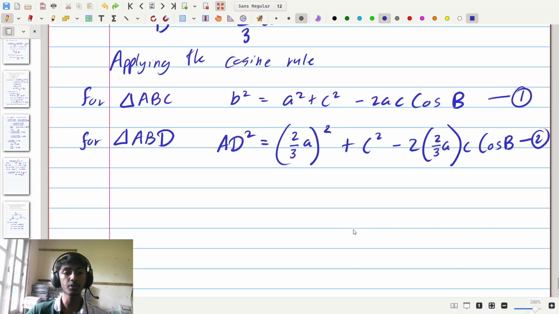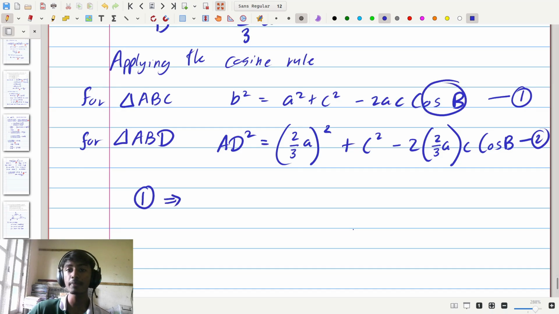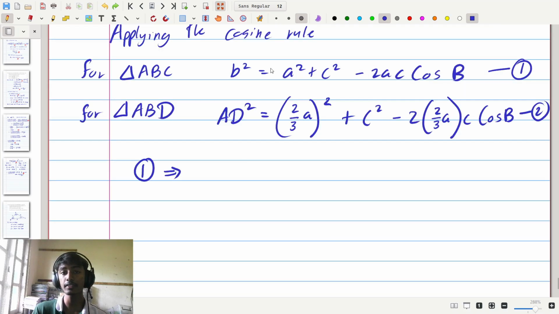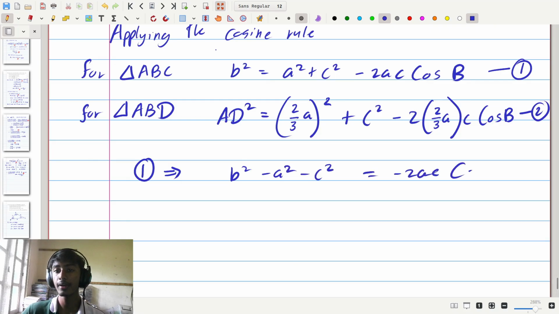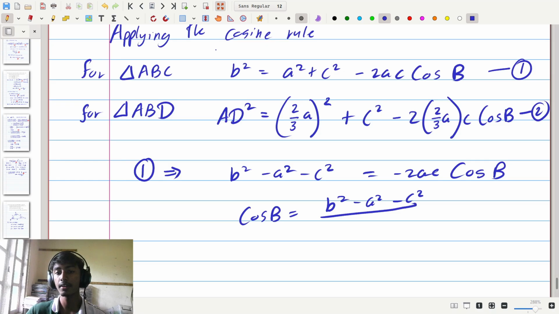Now to do that, we can first take equation number 1 and rearrange it to make cosine of B the subject. Doing that, if we take this a squared and c squared to the other side, we'll get b squared minus a squared minus c squared equals minus 2ac cosine of capital B. And rearranging, we can get cosine of capital B being equal to b squared minus a squared minus c squared, divided by negative 2ac.